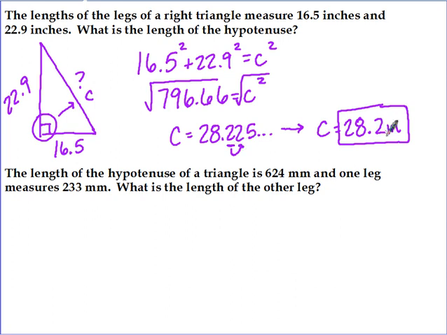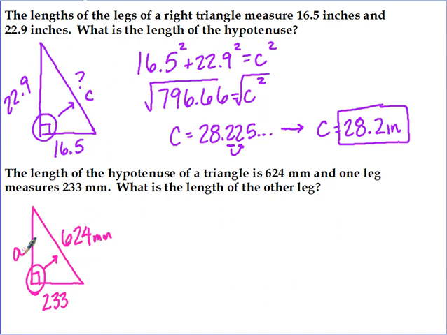And now the bottom one here. It tells me the length of the hypotenuse, so that's the one across from the right angle, is 624. One leg measures 233. It doesn't matter which leg you make 233. What's the length of the other leg? So I'll just make this A, and we'll make this one B, and we know that one's C. So I'll have A squared plus 233 squared equals 624 squared.